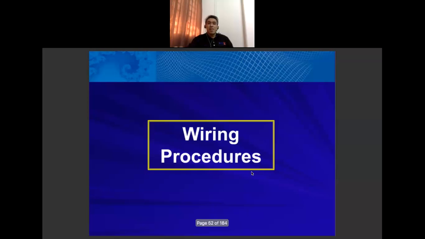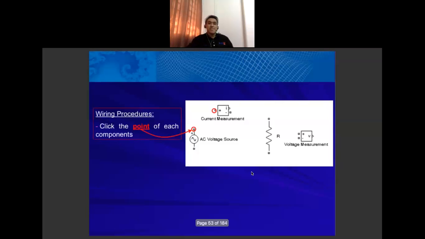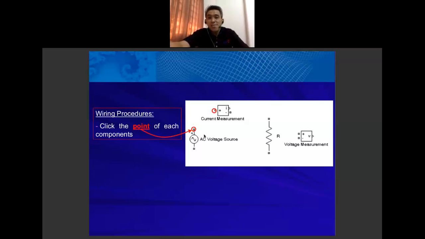So how to connect the components, or how to perform the wiring procedure? First, please rearrange all of these components. To perform wiring, just click at the connection point of each component. Each component has a connection point. This is the connection point for the AC voltage source, and this is the connection point for the current measurement.